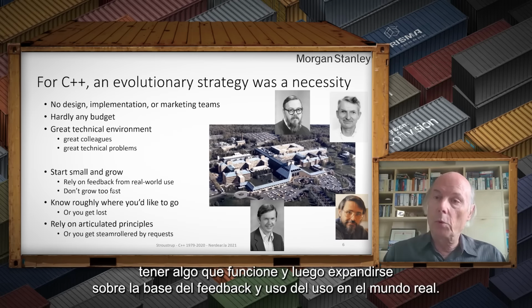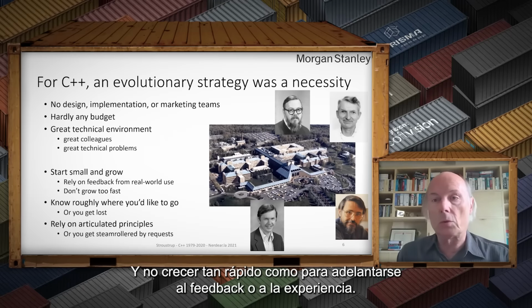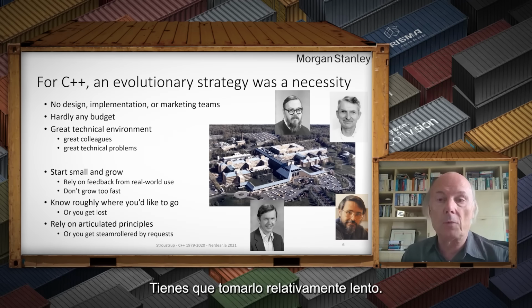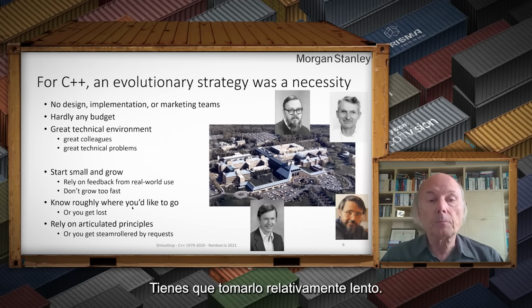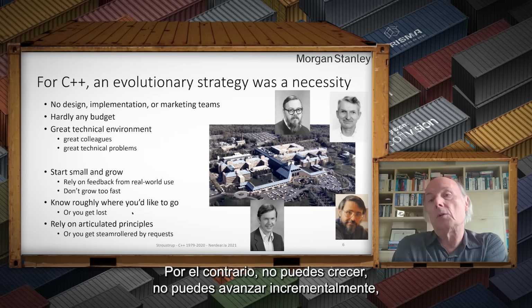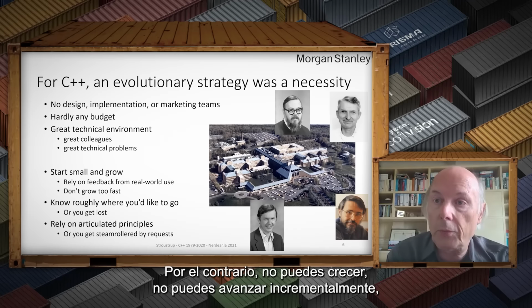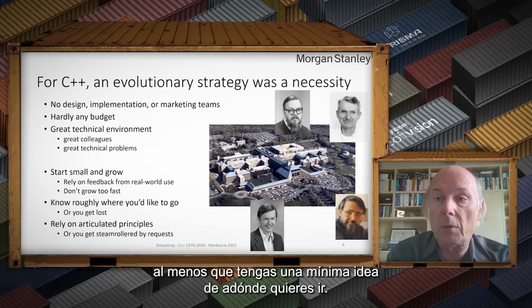Get something that works and then expand based on feedback and real world use. And don't grow so fast that you're getting ahead of your feedback, getting ahead of your experience. You have to take it reasonably slowly. On the other hand, you can't move incrementally unless you have a pretty good idea of where you want to go.